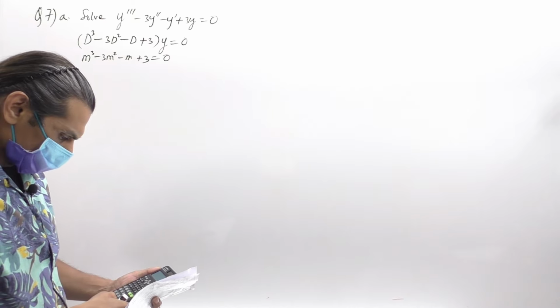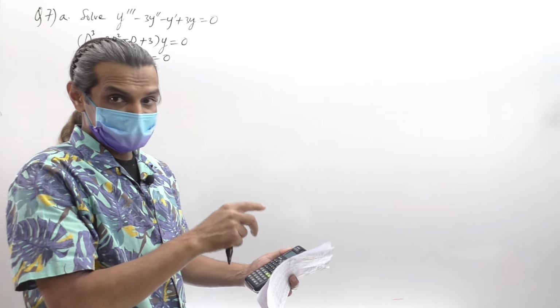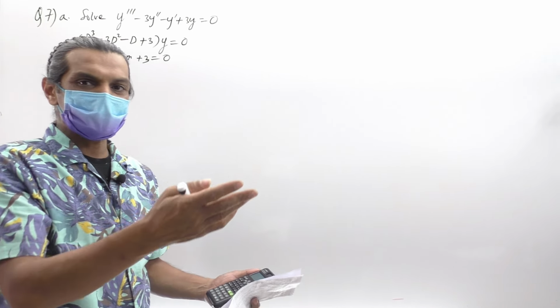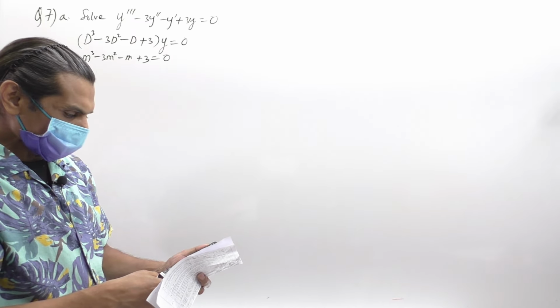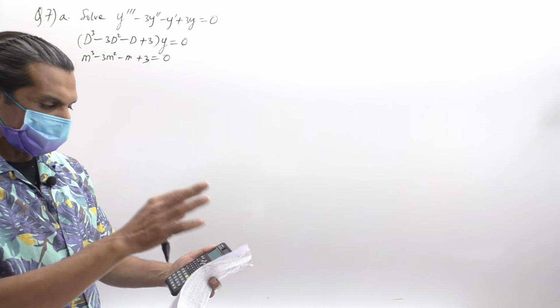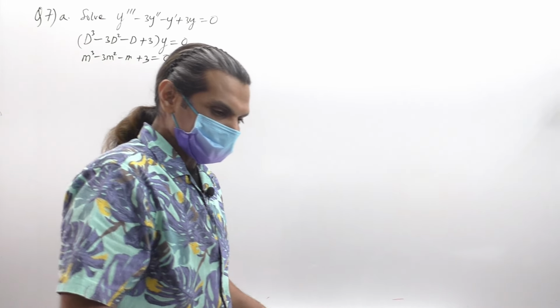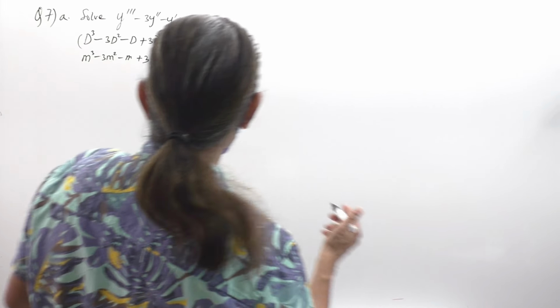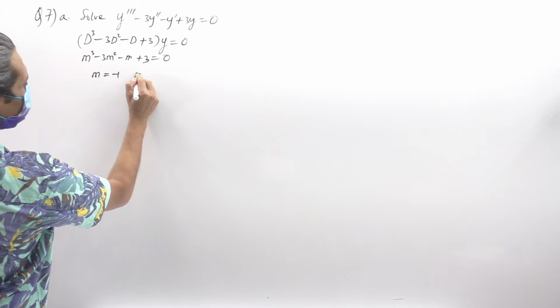We get the roots as minus 1, 3 and 1. I can select either minus 1 or 1, so I will select the first root, m is equal to minus 1. So one root is m is equal to minus 1.